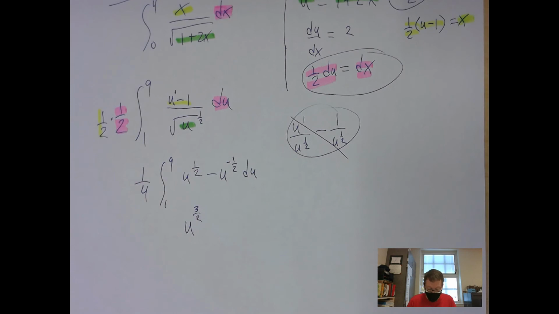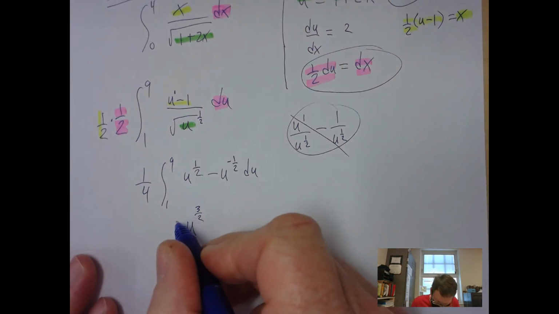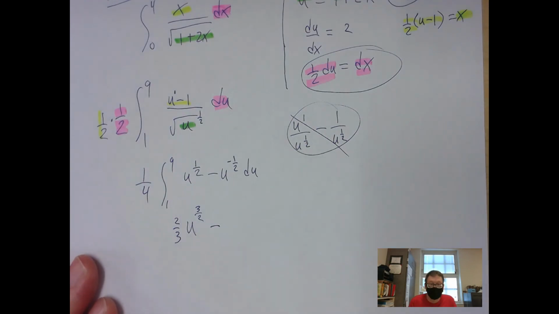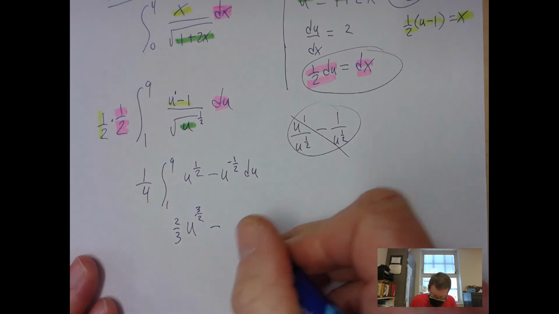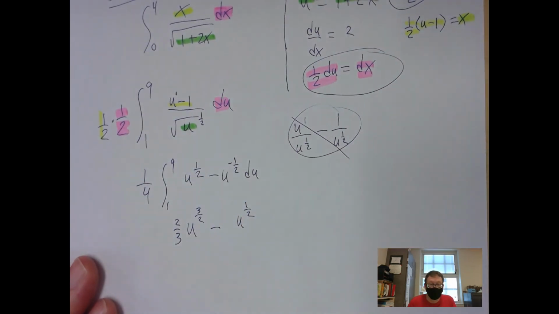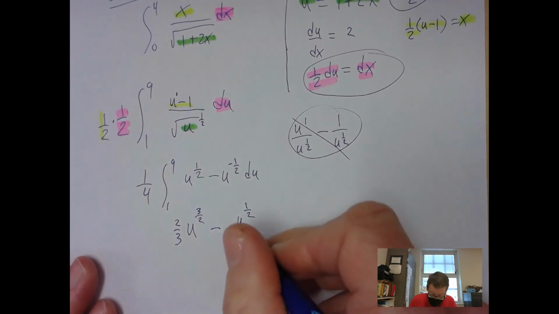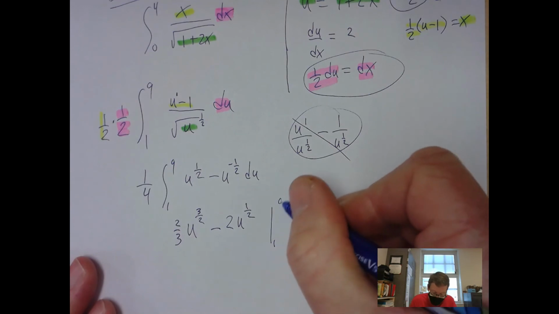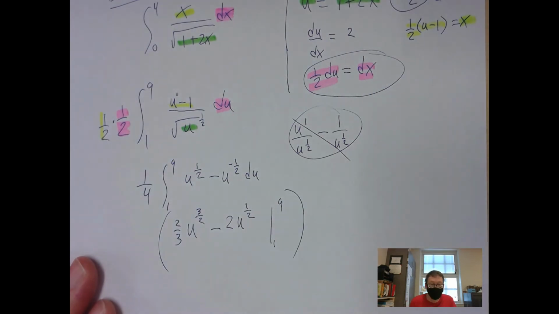So add 1, divide. Add 1. Divide. So it'd be 2. Line 1 and 9. And then this whole thing at the end needs to be multiplied by 1/4.